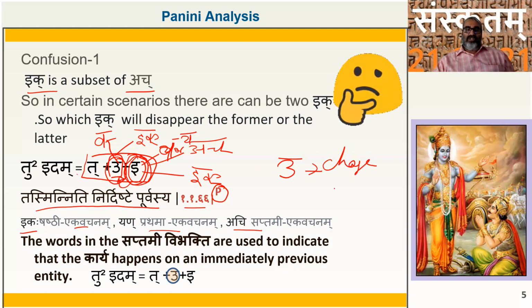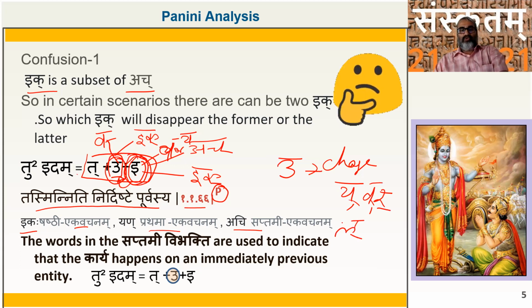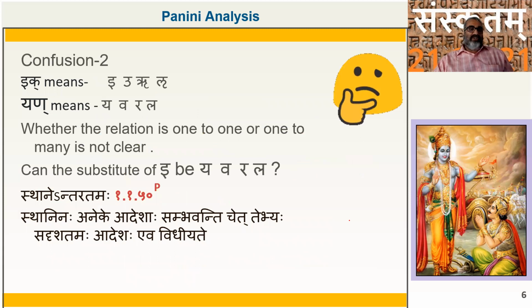Now the next question: Yan means ya, va, ra, and la, and Ik means i, u, ra, la. What is going to be replaced, and how do I replace in the case of tu plus idam? The ukaram will become what?